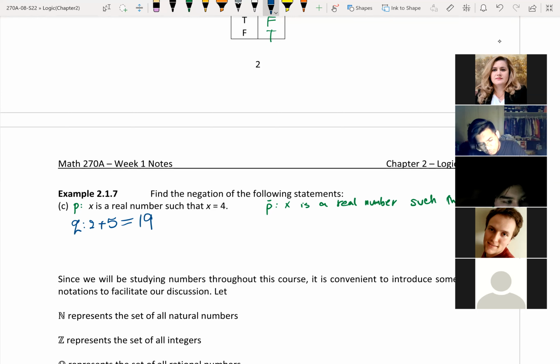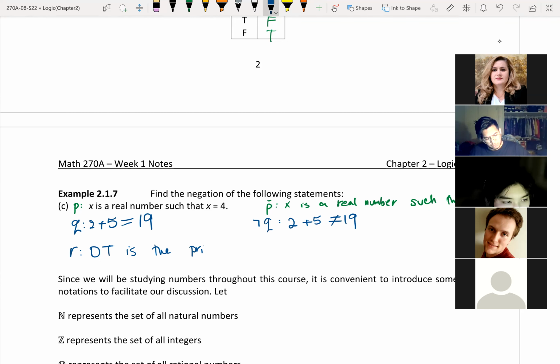I try to use different letters with different notations just to practice, so you know all of them are okay. You can use either one you like. Negation of Q is 2 plus 5 not equal 19. R could be Donald Trump is the president.